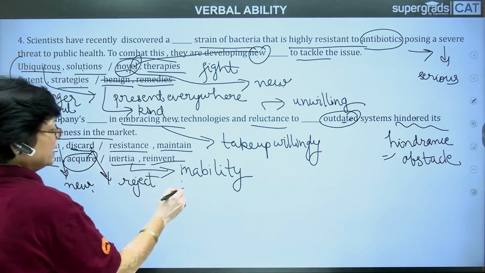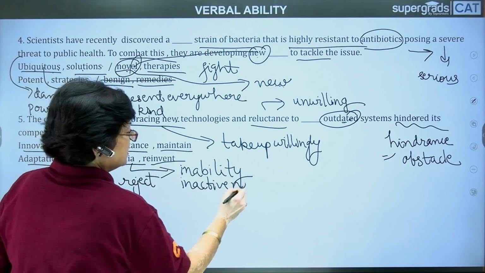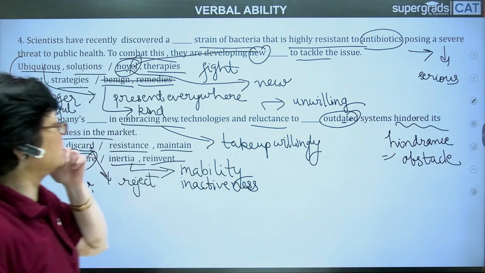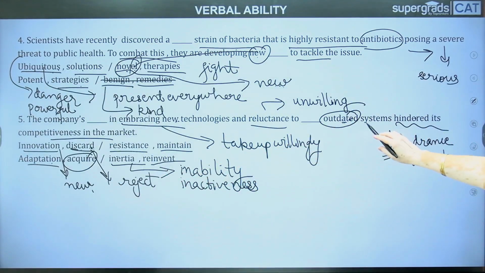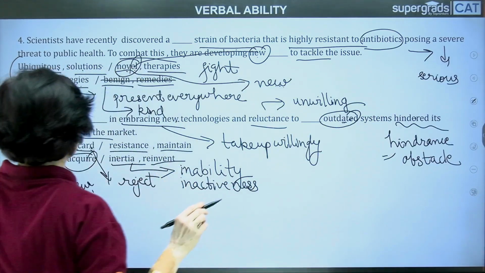Inactive. You can understand by the word inactiveness. Here, inertia means inactiveness. So, the company's inactiveness or inertia in embracing new technologies and reluctance to reinvent new outdated systems hindered its competitiveness in the market.